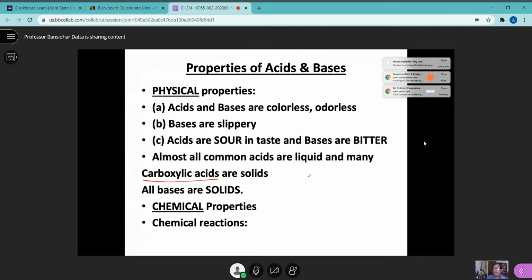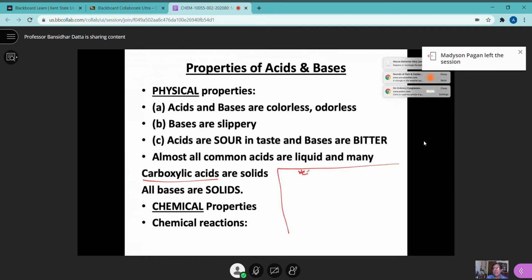And if you recall, last Friday, I think I promised you that I'll give you a list of the weak acids and weak bases. So weak acids, please write down in a box. Weak acids include, because we have one right here, all carboxylic acids. Please write down all carboxylic acids.